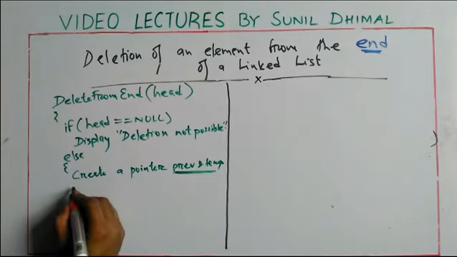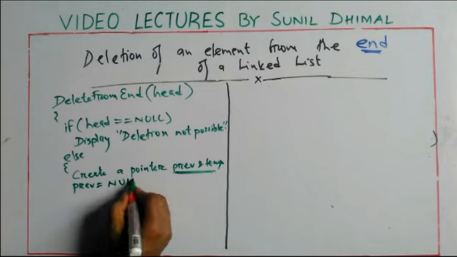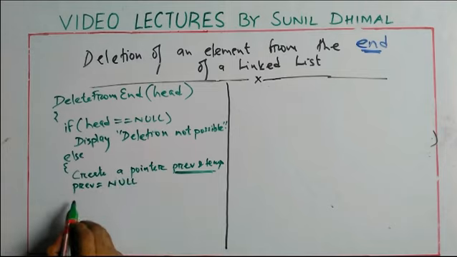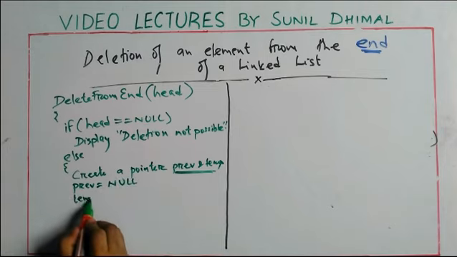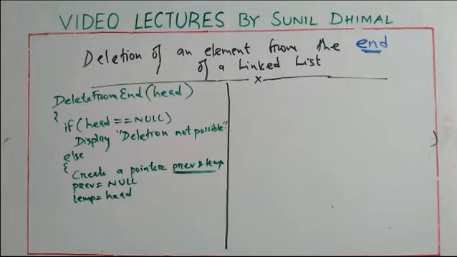Both the pointers. Now I'll initialize the previous as null, right? And I'll make temp equal to head, because temp is pointing to the first node in the list, right?